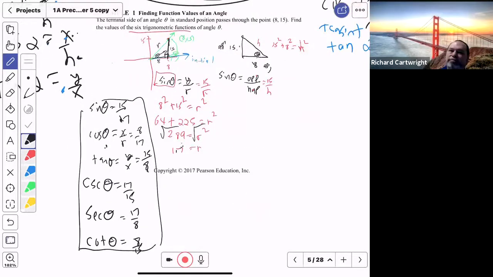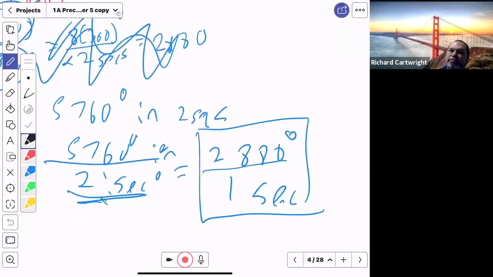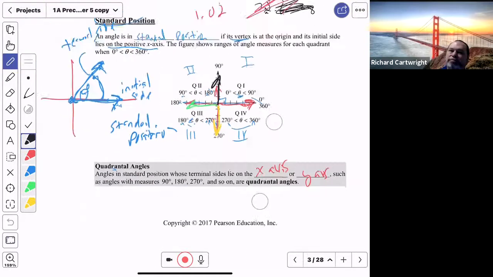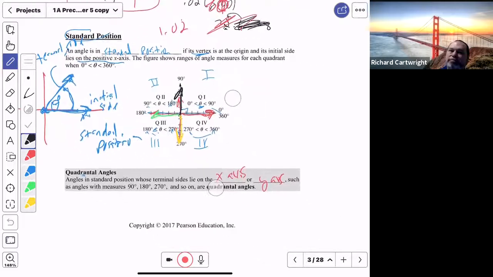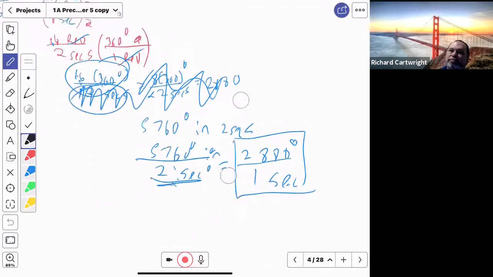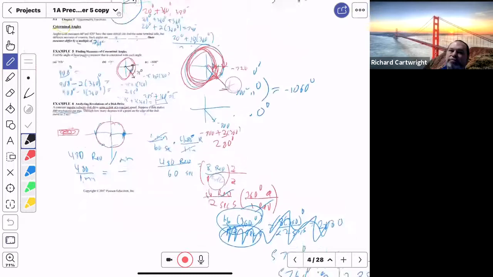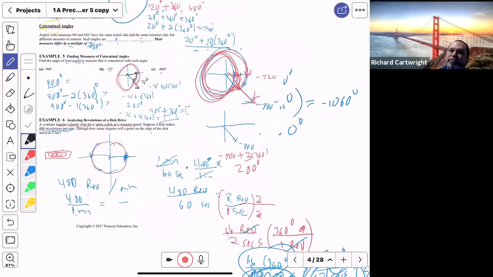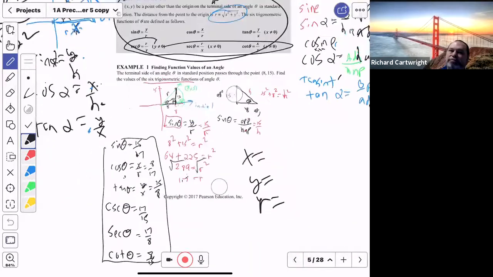So what's my rule of thumb? Always find out what the radius is or the hypotenuse is, whatever you want to call it. That way you'll know what x is, you'll know what y is, and you will know what r is, and you can plug it into any of these on this chart. Where was that chart? Oh, there it is.